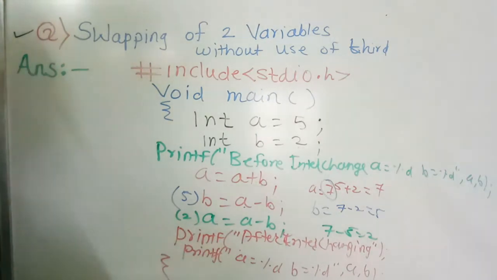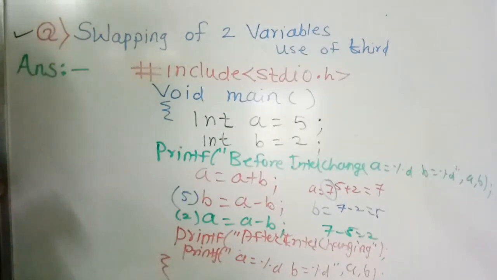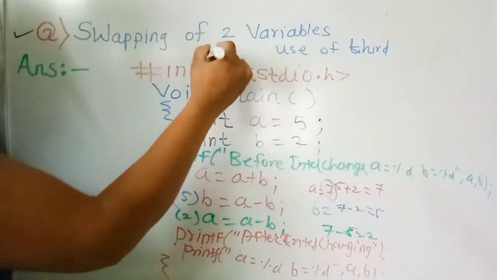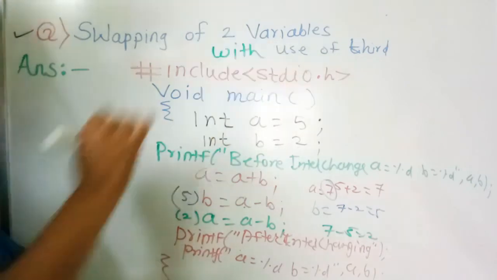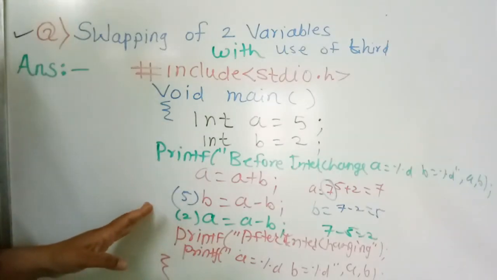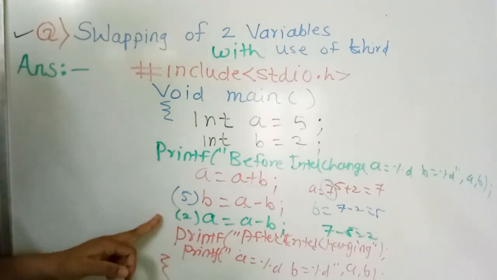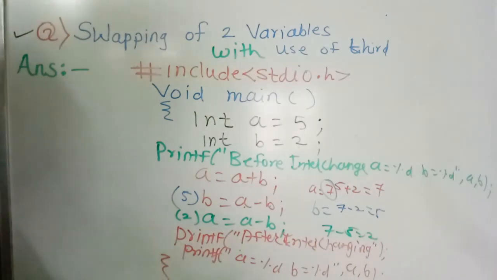Now, I will cover the same program with the mechanism that uses a third variable. The previous approach is a much more tedious task, because you have to apply some logic and this may become difficult. But with the help of a third variable, it is a much simpler task.